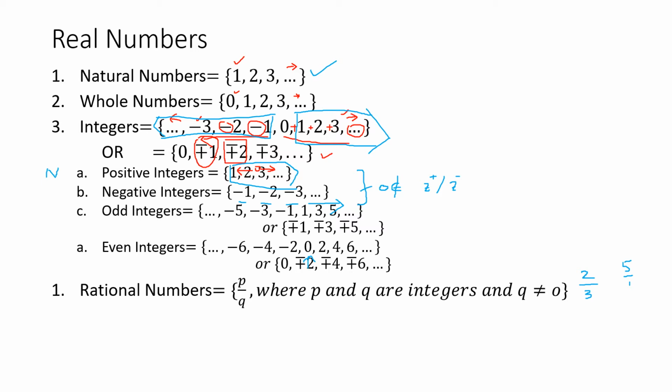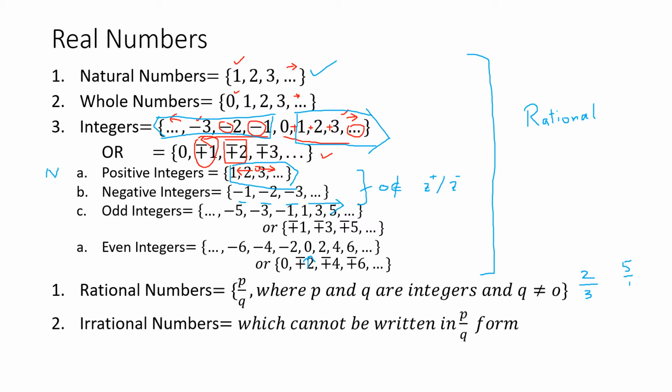So from natural numbers onward, all of these are rational numbers. If somebody asks us to give an example of a rational number and we answer whole number, natural number, positive integer, or negative integer, we will be right. All the above sets are rational numbers.